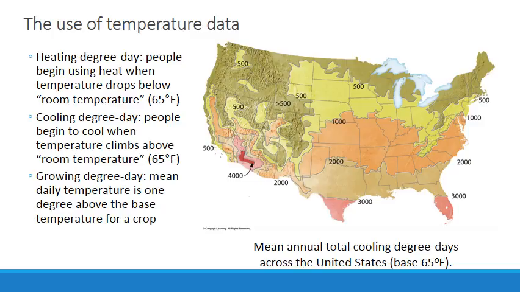Mean annual totals of cooling degree days for selected cities are shown on this map. By comparing the totals for, say, Baltimore and Miami, you can see, let me show you, Baltimore is right in there.